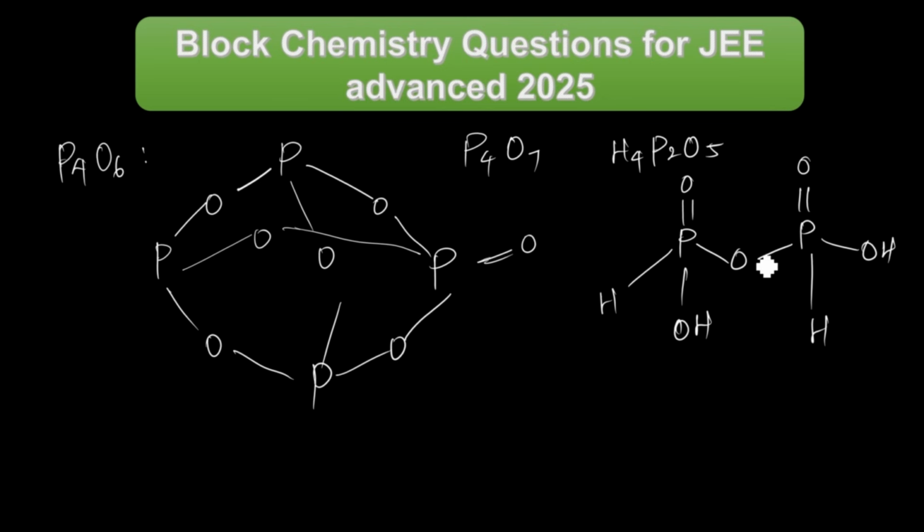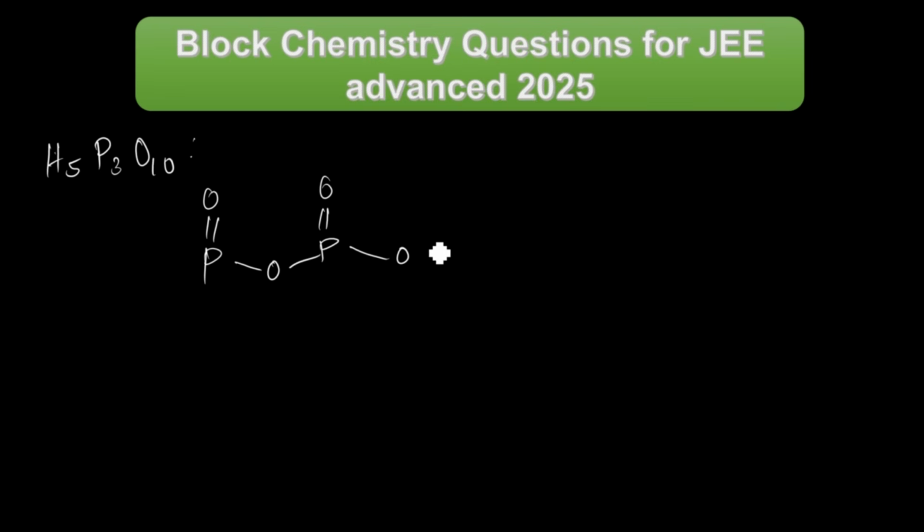So this is having the P-O-P bond as well. Then if I'm talking about H5P3O10, which is very similar to the previous structure, that is having a P-O-P bond. How many phosphorus? 3 phosphorus. And how many oxygens? 10 oxygen. So all are in the form of OH.